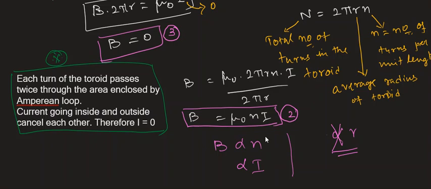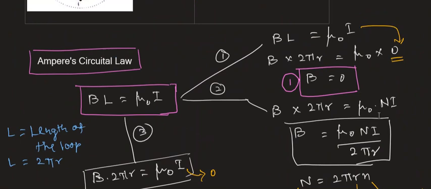Now let us see how these equations are derived in each case. Let us consider case 1, where we apply Ampere's circuit law. B L is equal to mu 0 I. So B L can be replaced by B into 2 pi r, which is equal to mu 0 into 0. Why is it 0?